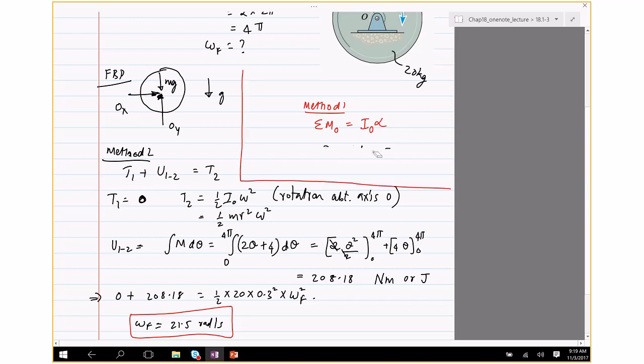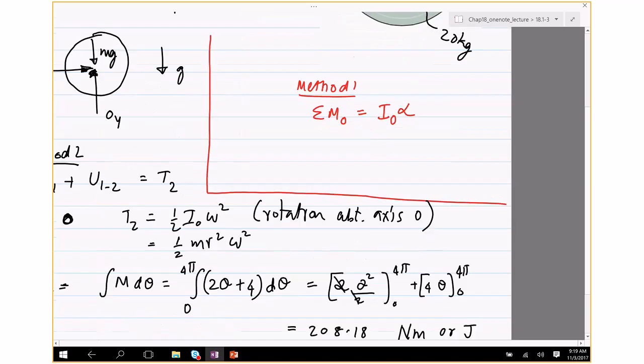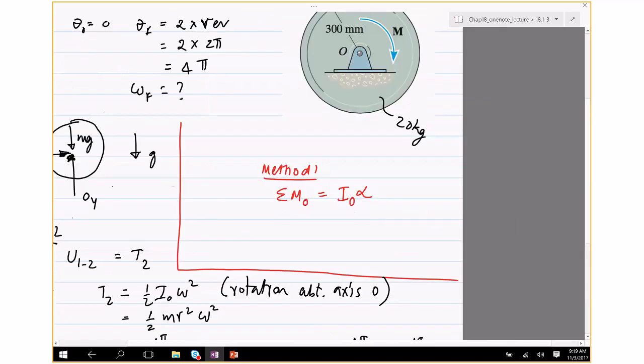I can just write this down and you can check me on this. The moment about O is going to be M d theta. I-O is m r squared divided by 2, and alpha, since I want to find alpha as a function of theta, I'll use this formula. Sorry, my bad.